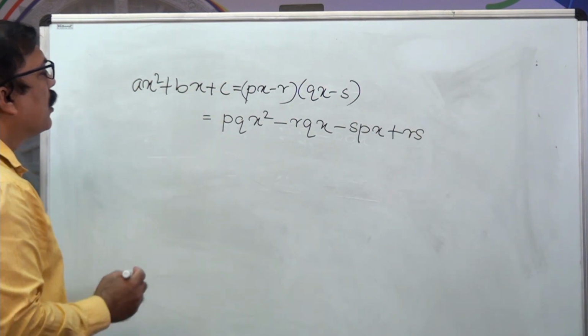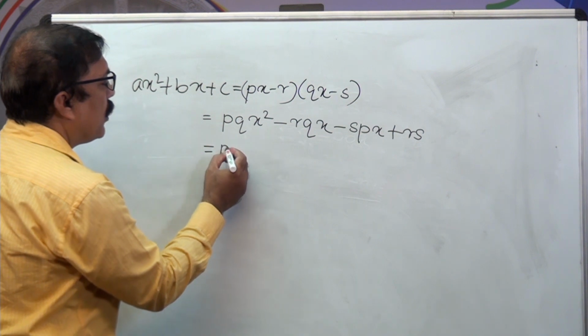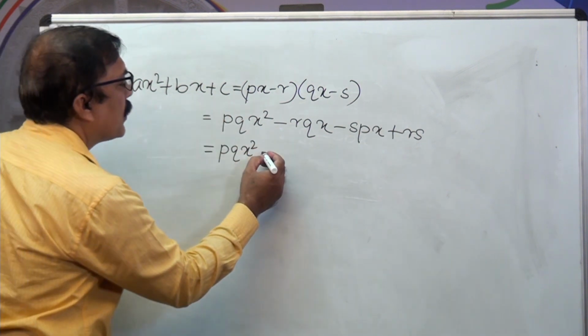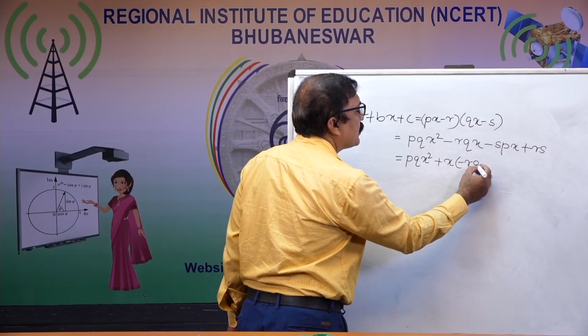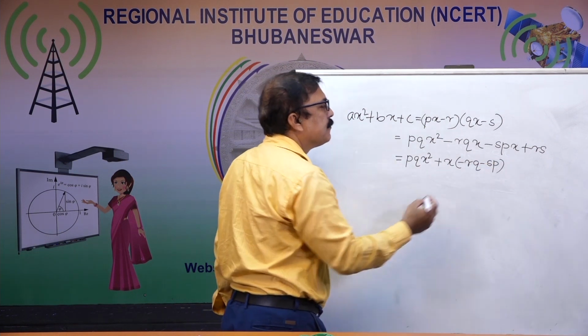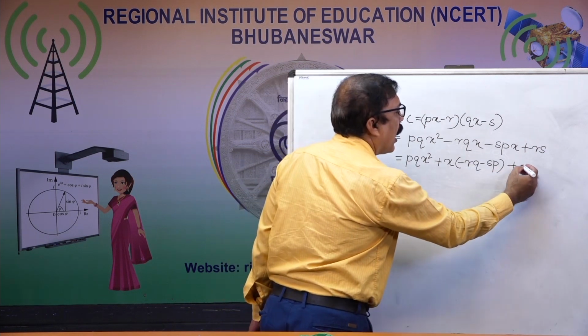Now let's write it in its standard form: plus x into minus rq minus sp, plus rs.